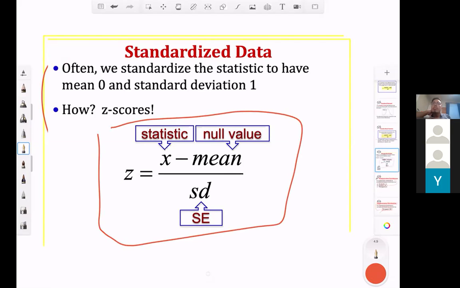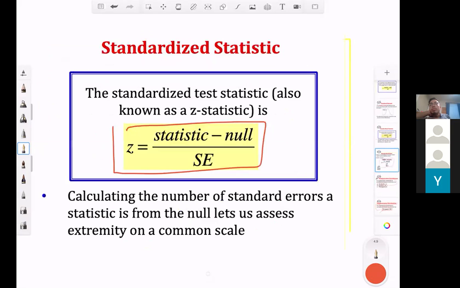All right, so x minus the mean, over the standard deviation or standard error. Standardized statistic: the standardized test statistic, also known as the z-statistic. So that's the formula.